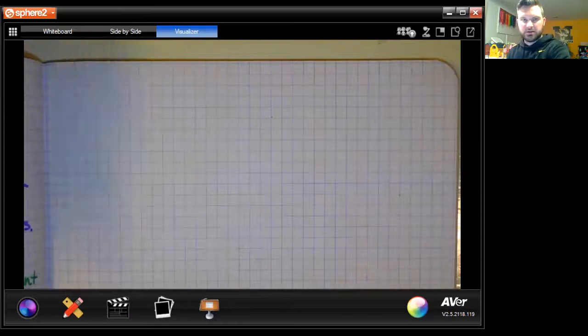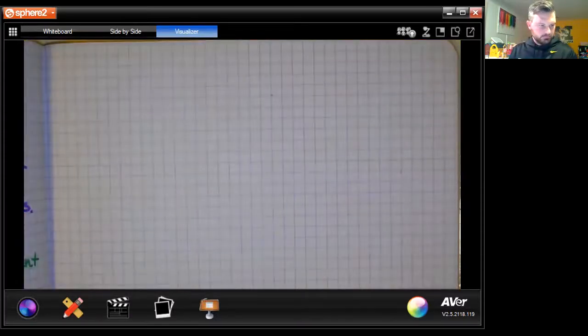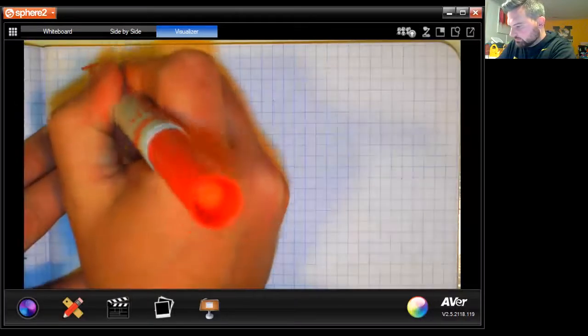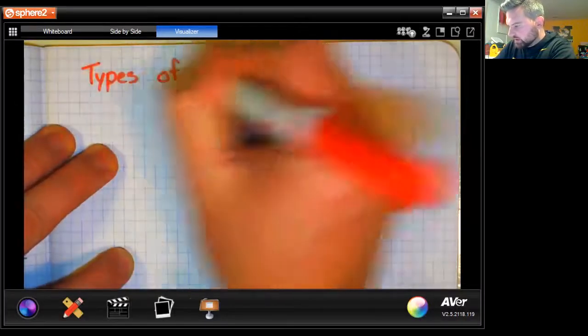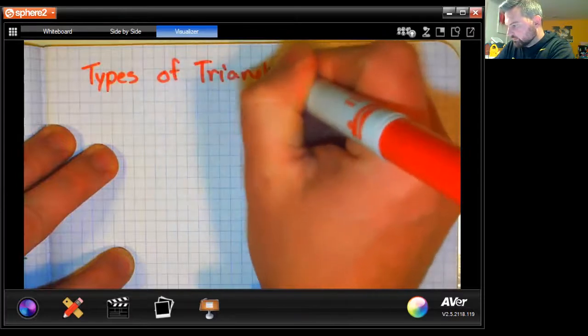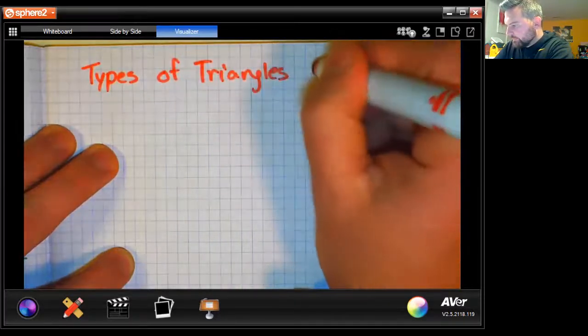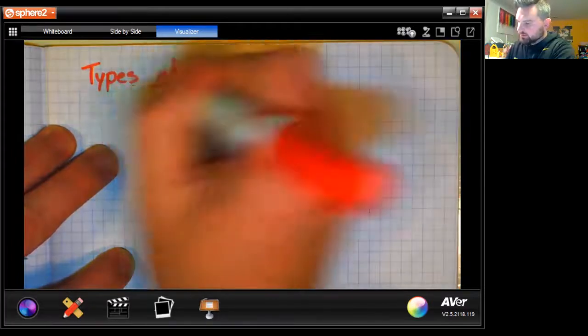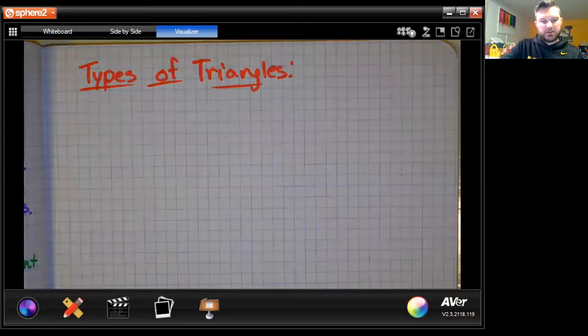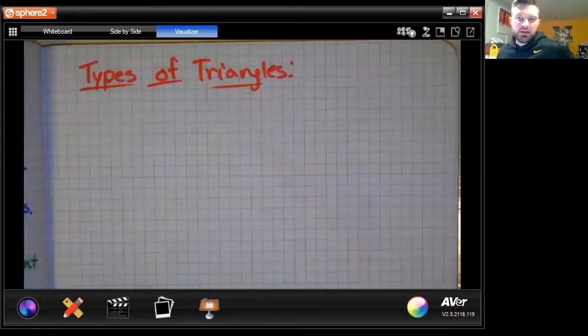And we're just going to title this Types of Triangles, just types of triangles. Okay, there are several different types of triangles that you should know about. Okay, and we can separate triangles into 2 groups. We can name them by their sides and we can name them by their angles.